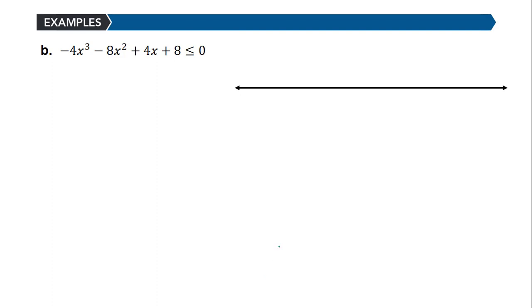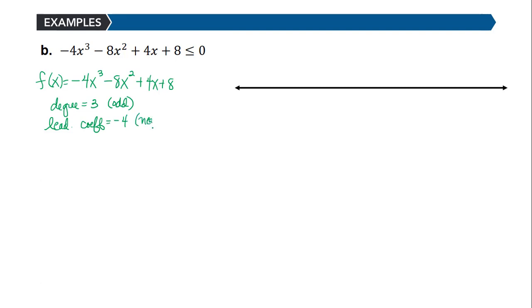Now graphically, what could we do? Graphically, I know the function negative 4x cubed minus 8x squared plus 4x plus 8 is an odd degree function, right? Its degree is 3, which is odd. And the leading coefficient is equal to negative 4, which is negative.